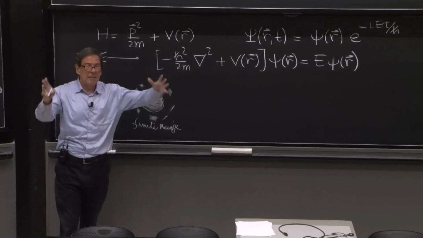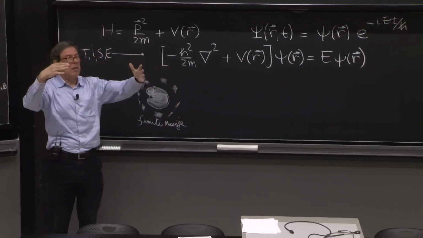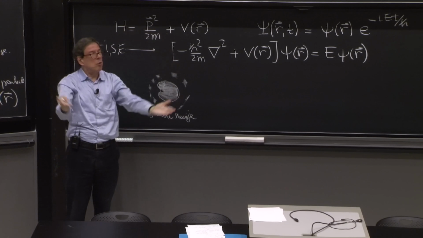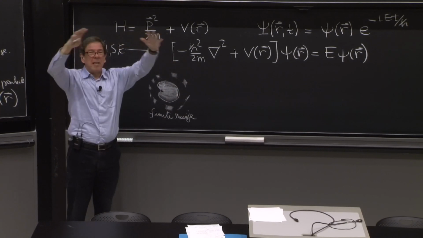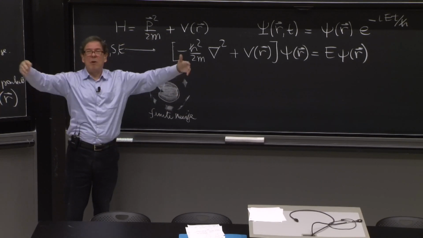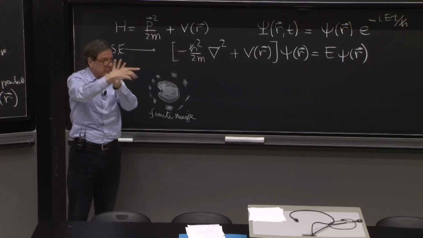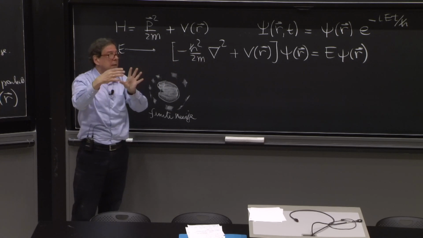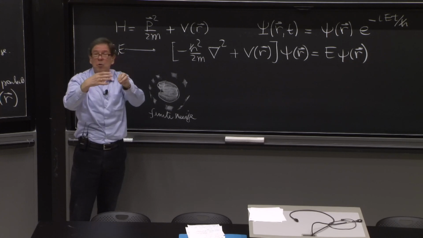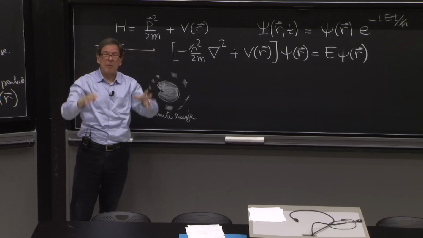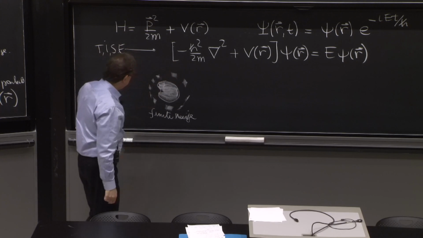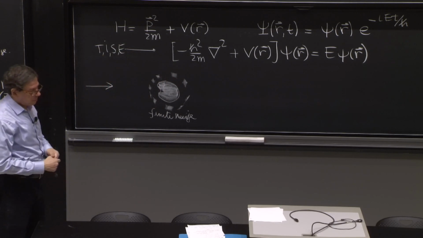If you have an atom and you scatter things off of it, if it's a neutral atom, the potential due to the atom is zero outside the atom, but as soon as you go inside the atom, you start experiencing all the electric forces that are due to the nucleus and the electrons. So a finite range potential.